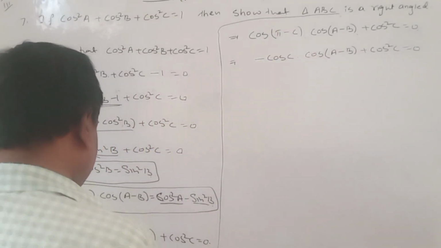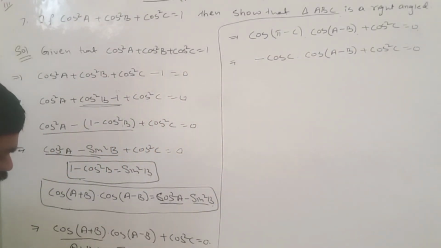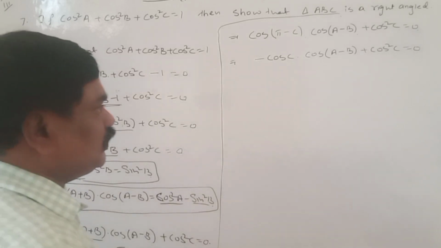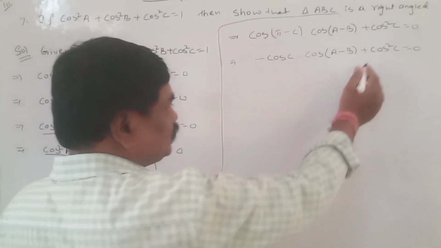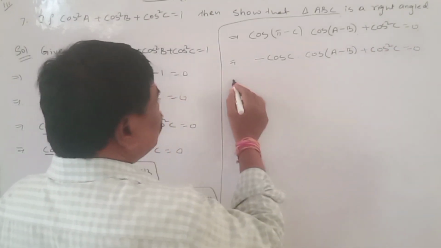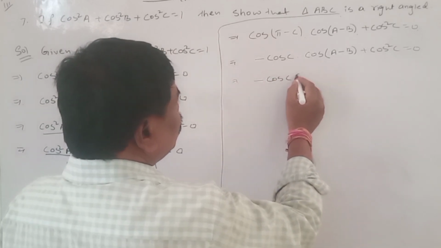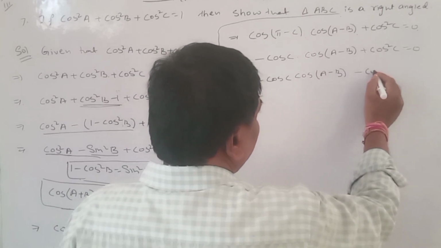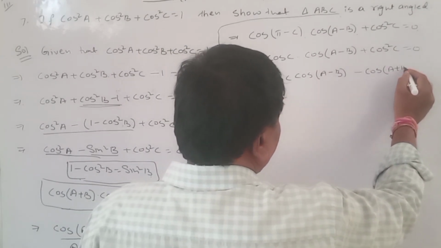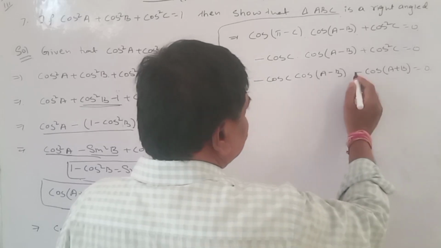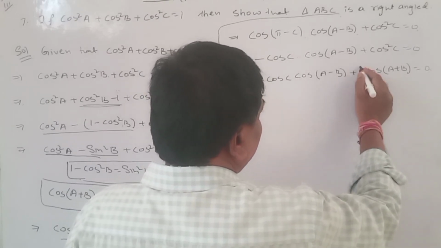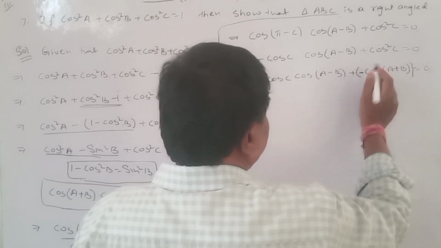So here we write cos of A plus B is equal to minus cos C. So here cos C is equal to what? Minus cos C into cos of A minus B, and this one minus cos of A plus B equal to 0, plus minus cos of A plus B whole square.